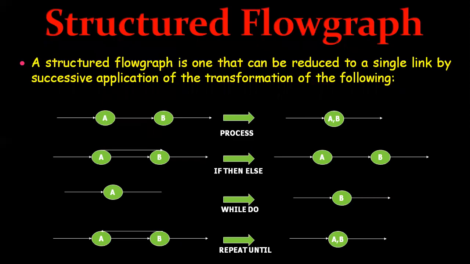But of course, whenever we are trying to write structured code, we cannot use go-to statements. So they are not going to involve any ad hoc statements such as go-to statements. So a structured flow graph is one that can be reduced to a single link by successive applications of transformations for the images.